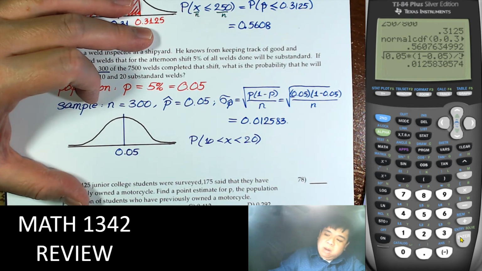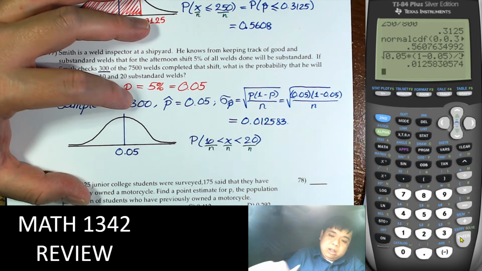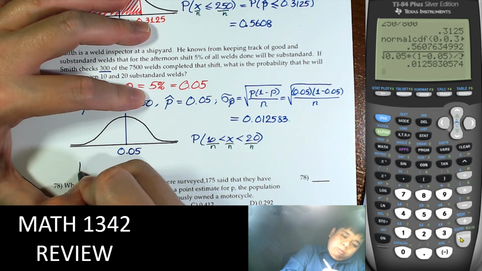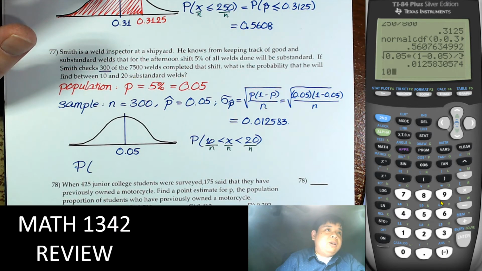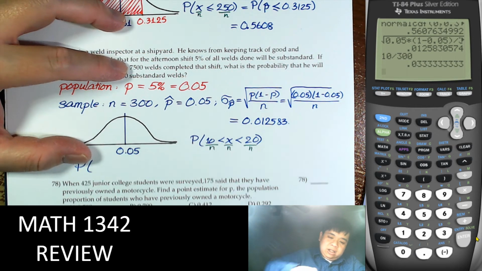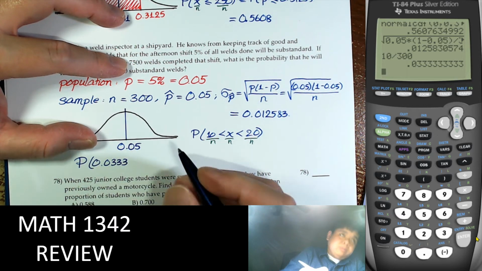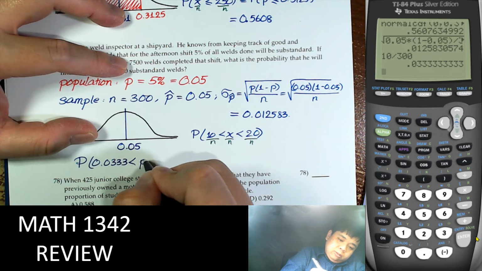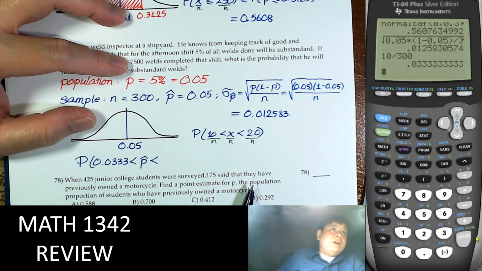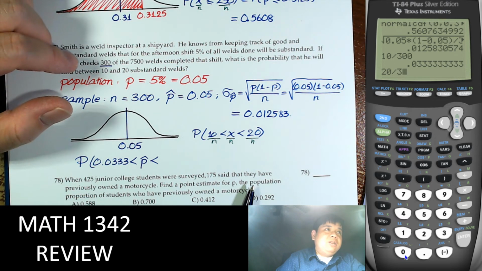Now if we divide by n everywhere, n being 300, we will have the probability of 10 divided by 300 between that, and then 20, of course, going to be twice that number.